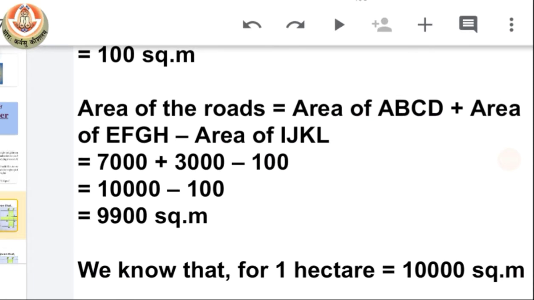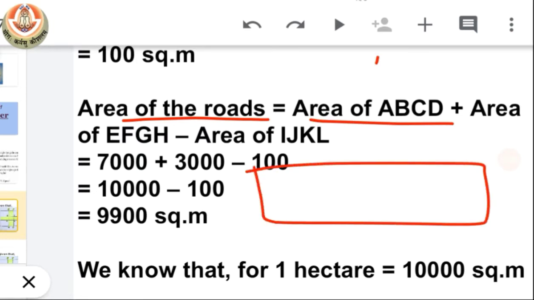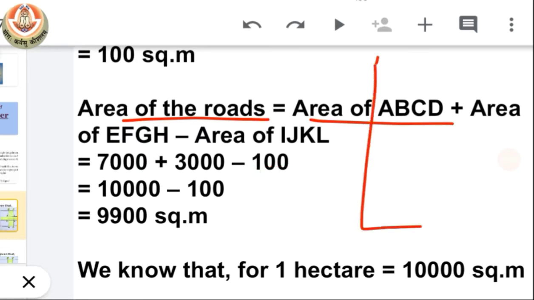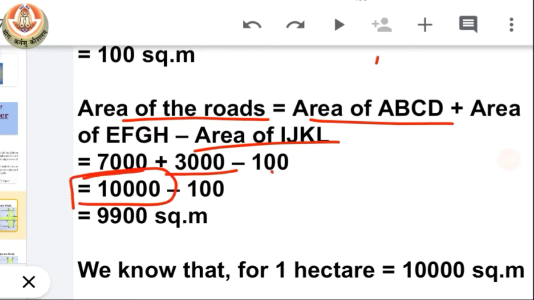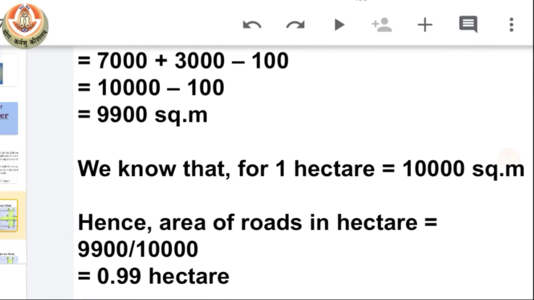So the area of crossroad or area of roads will be area of ABCD, that is this road, area of EFGH, that is vertical road, and we have to minus area of IJKL from it. So the answer is 7,000 plus 3,000, 10,000, and we have to minus 100 from it. So our area of road will be 9,900 square meter.